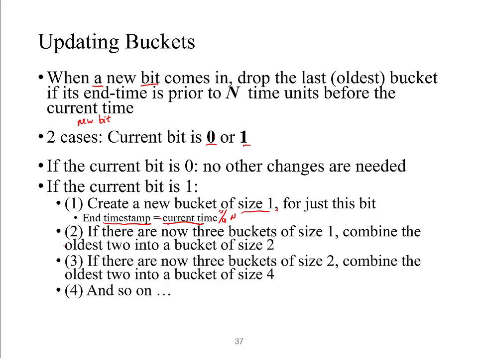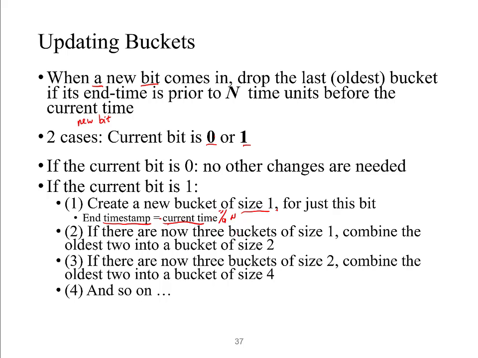What we do is we combine the oldest 2, meaning the rightmost 2 buckets of size 1, into a bucket of size 2. So in this case, we would have a new bucket of size 2 and lose 2 buckets of size 1.